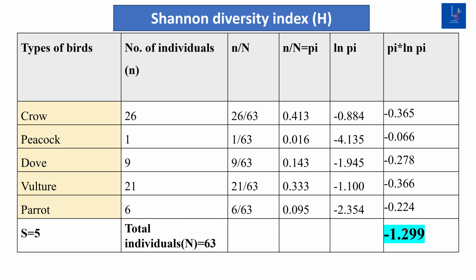The last step is we need to add all these values, like 0.365 plus minus 0.365 minus 0.065. We add all five values and we will get this value. This value is the summation of pi into ln pi, that is minus 1.299.